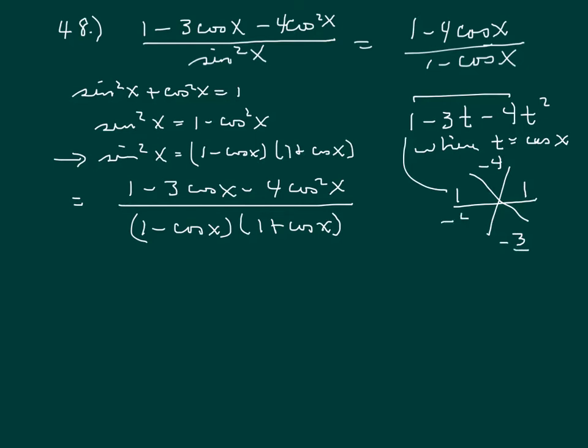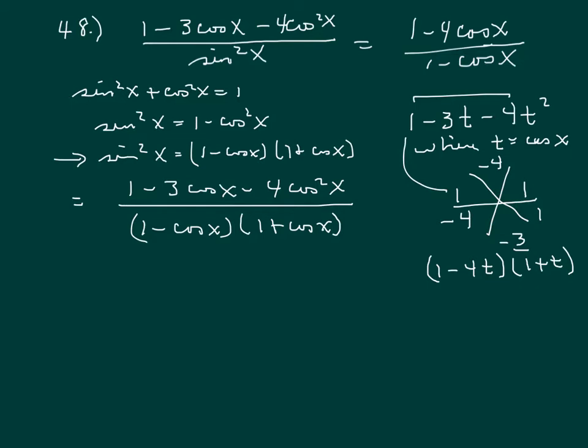That means one of the terms has to be minus 4, the other one has to be plus 1. Because they add together to give minus 3, they multiply together to give minus 4. That leaves me with my factors being 1 minus 4t and 1 plus t.